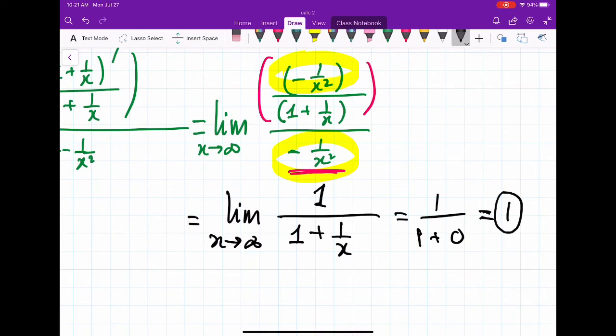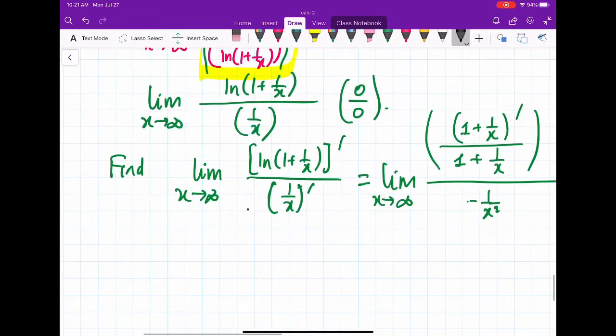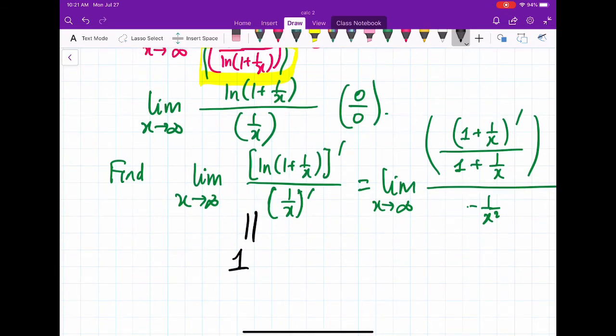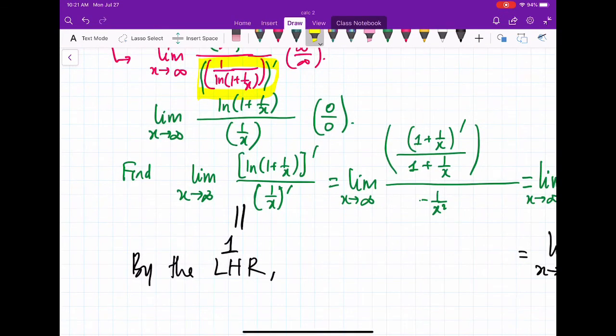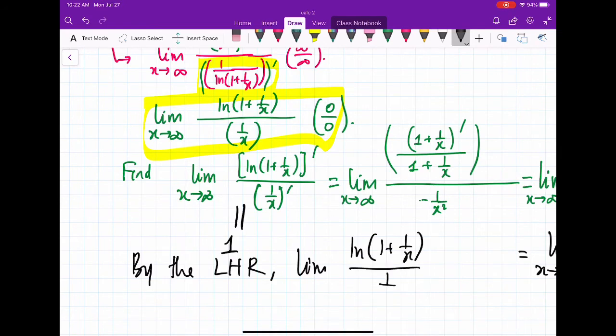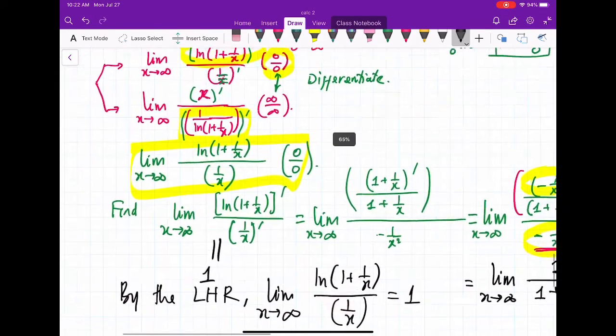All right, what does it mean? That means we have that this limit is 1, okay? And by the L'Hopital rule, the limit of this guy is equal to 1, right? So what does it mean? Look at this. Let's go back.